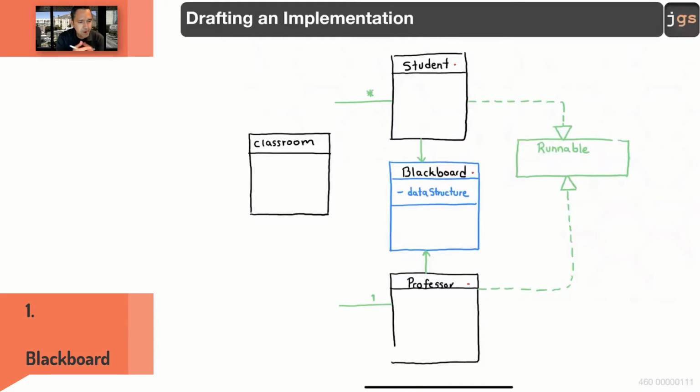Now, problem number 1. I have 3 classes, but according to the description that I shared with you, students and professor are going to be working concurrently. They are going to be writing or reading in the Blackboard, but 2 students can be writing at the same time, or one can be writing and the other reading.